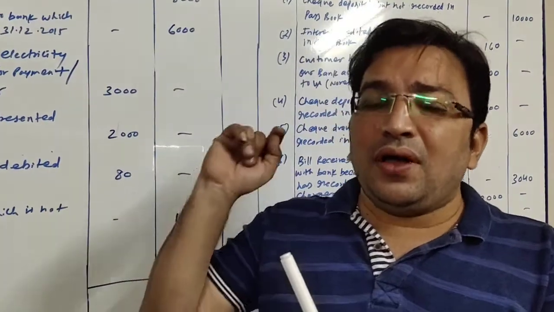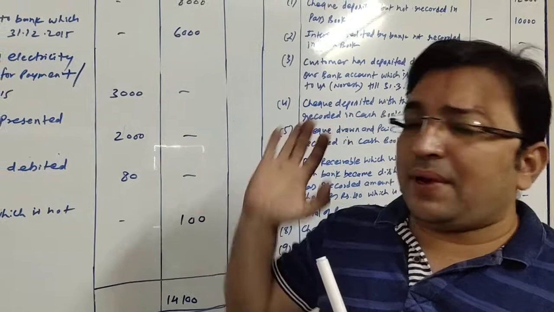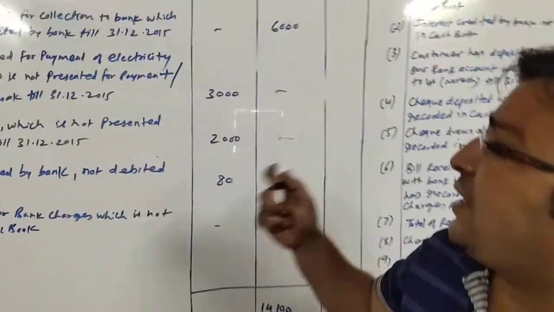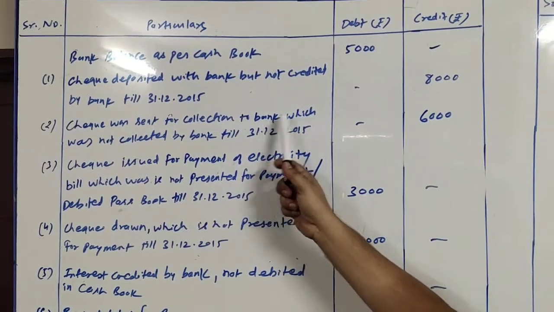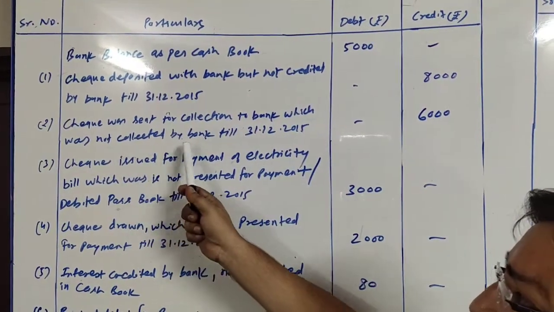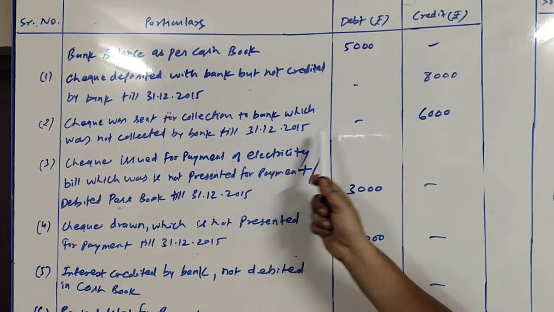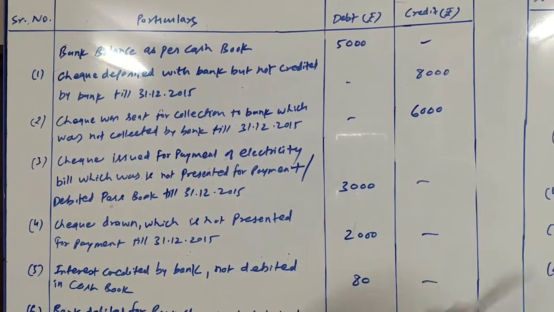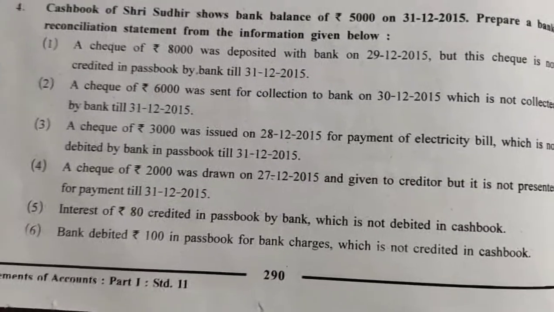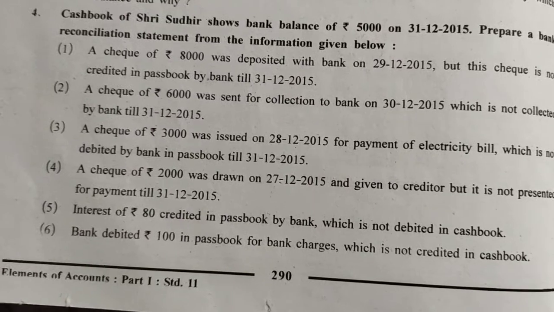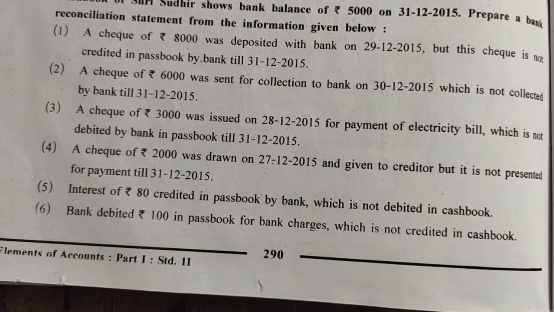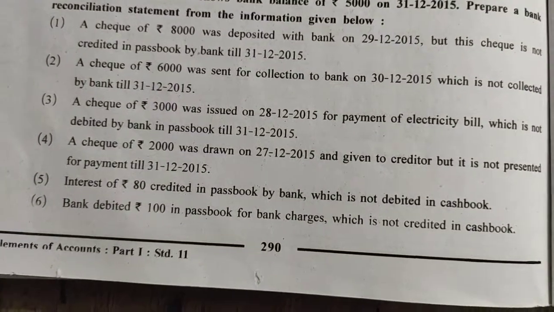So this amount we will be crediting in our bank reconciliation statement. So here it is, check was sent for collection to bank which was not collected by bank till 31/12/2015. Amount is 6000.